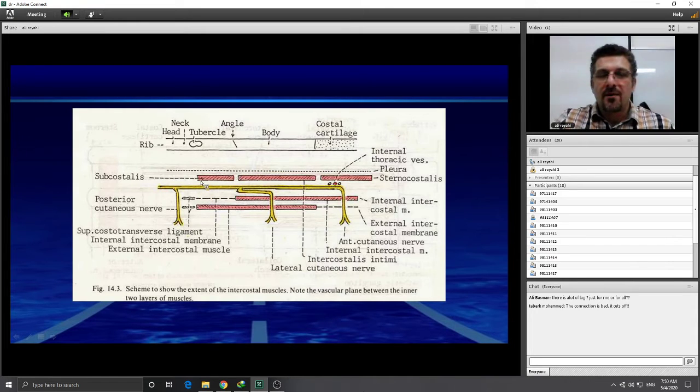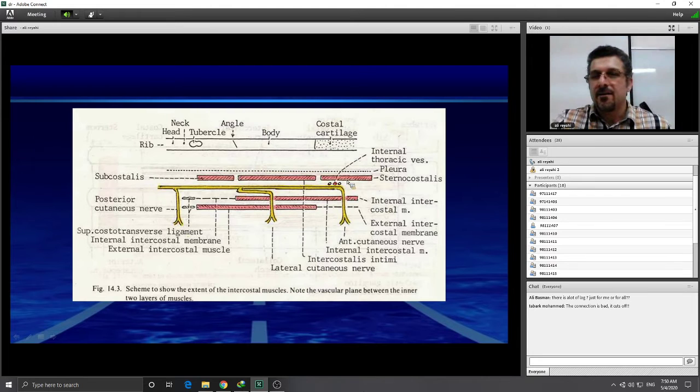In the thoracic muscle, as I told you before, from posterior to anterior, we've got subcostalis, innermost intercostal or intimi, and sternocostalis or transversus thoracis muscle. They are in line with each other.